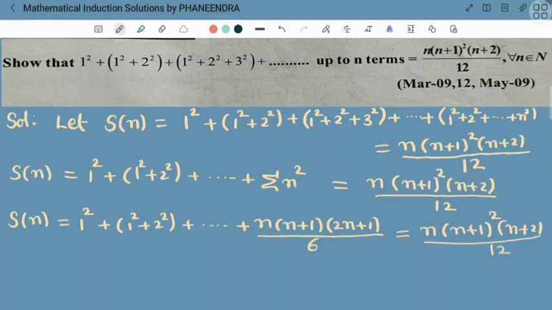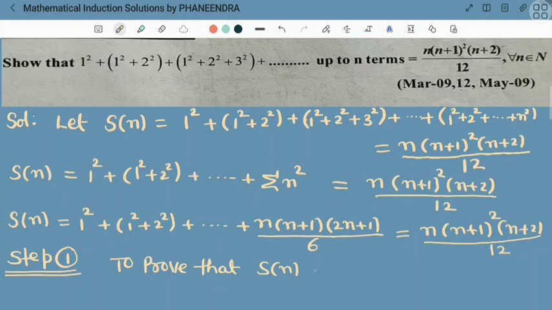I hope everyone understands. After that, 3 important steps are there to prove the given statement by using mathematical induction. So the first step is to prove that S of n is true for n is equal to 1.